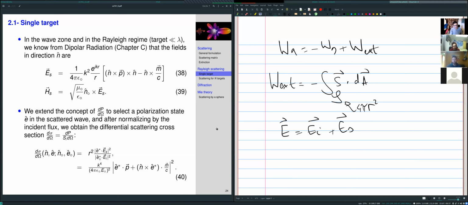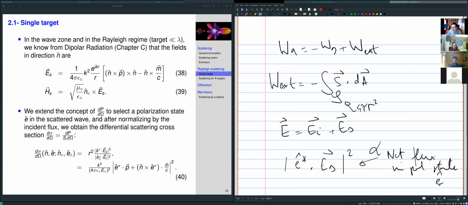Okay, I'm back. I just want to remind you of this projection idea. This E asterisk dot E S modulus square would be proportional to the net flux, or the Poynting vector, in polarization state E. So E can be linearly polarized if it's real.